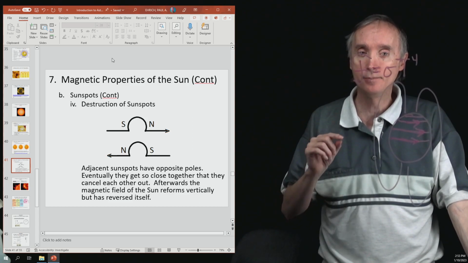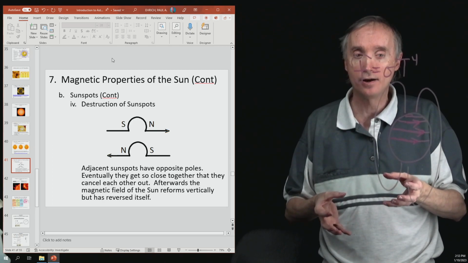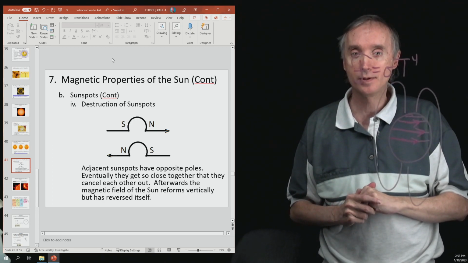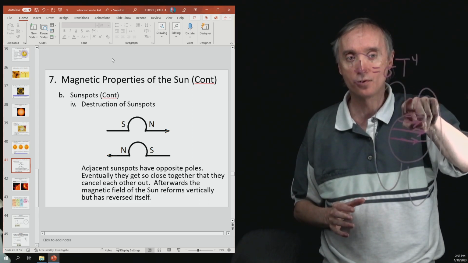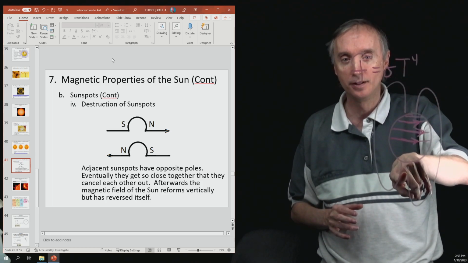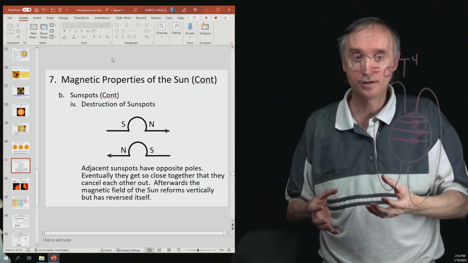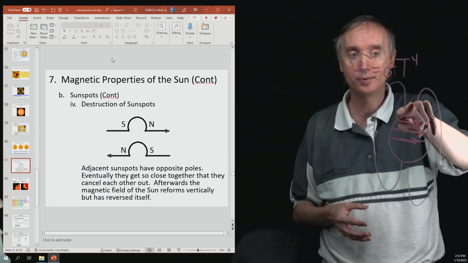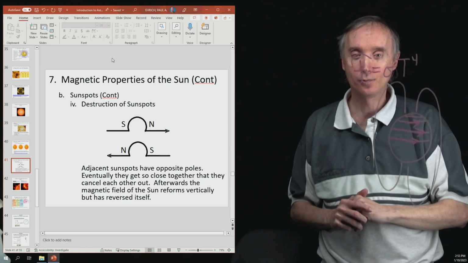But what happens after they have canceled each other out is that north has become south and south has become north. So it used to be that this was the north magnetic pole and this was the south magnetic pole. But at the end of this 11-year cycle, this is south up here and this is north here. Kind of weird.